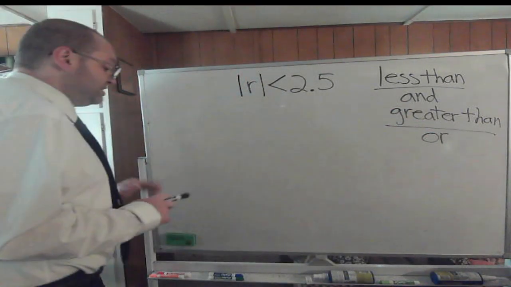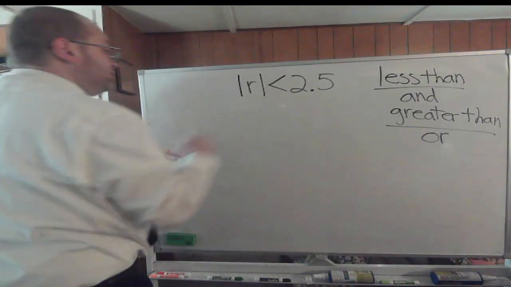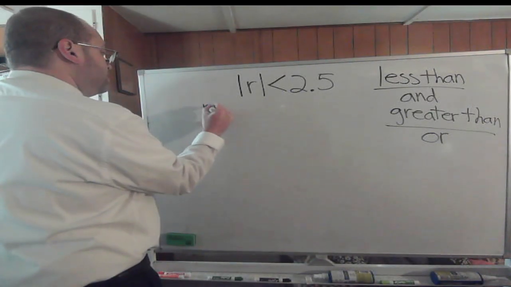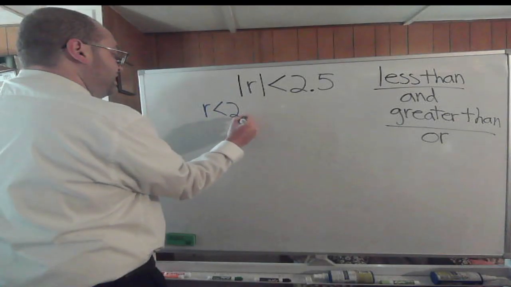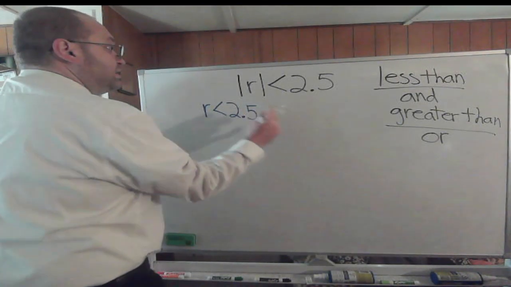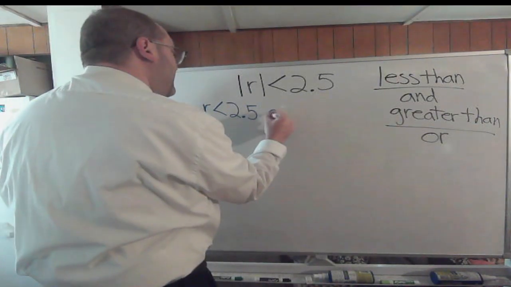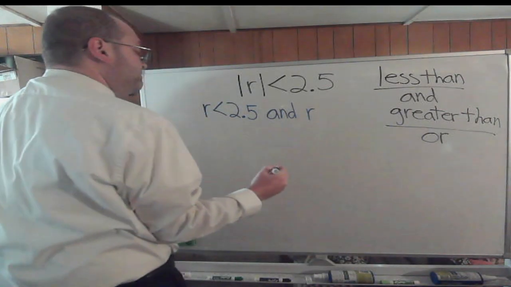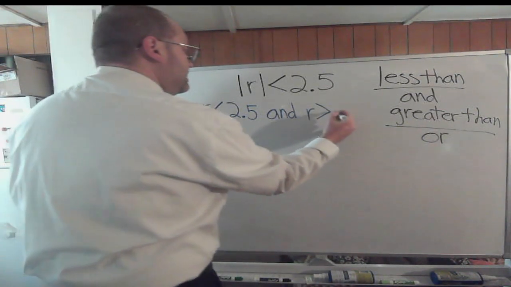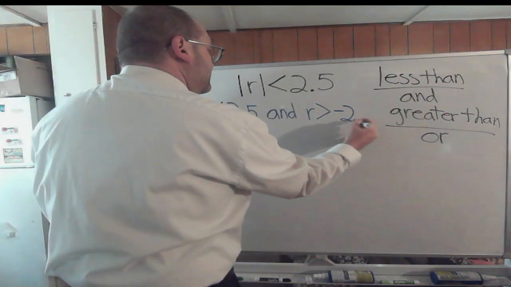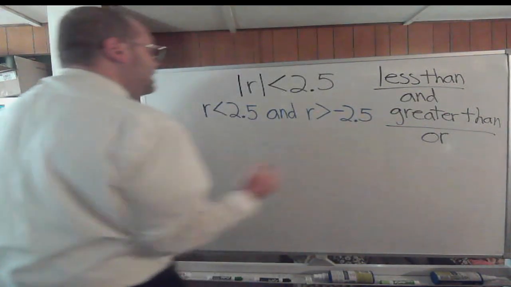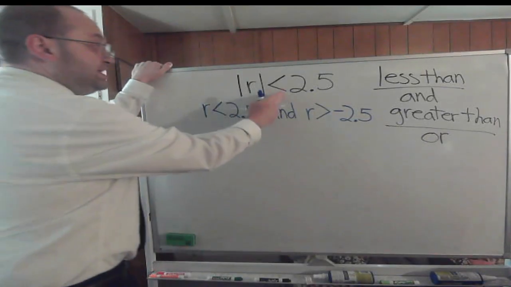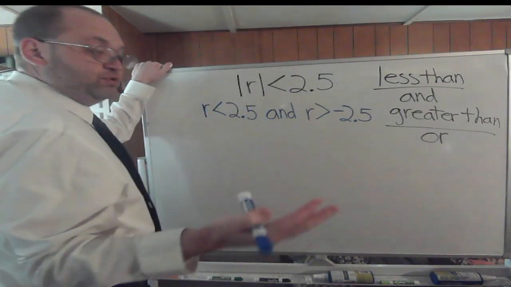Where this comes into play is whenever you have a less than, you're going to have, of course, r is less than 2.5, and r is greater than -2.5. So how this is going to work then, when you have a less than, or if it were less than or equal to, they're similar.